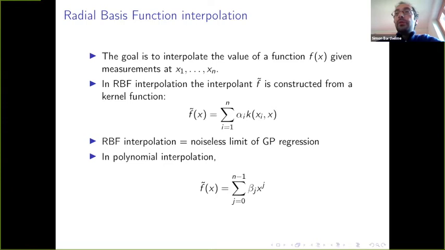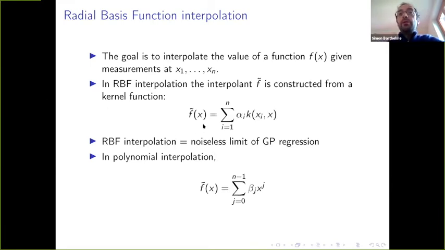RBF interpolation is a special case of Gaussian process regression, essentially when you assume there is no observation noise. But from a more classical, non-Bayesian viewpoint, what you want to do is interpolate a function given measurements at n different locations, and you want to know what's in between.